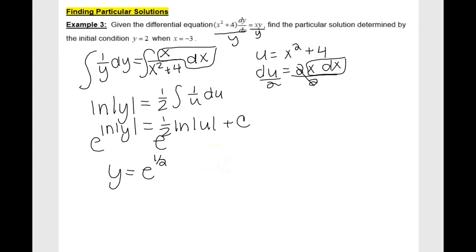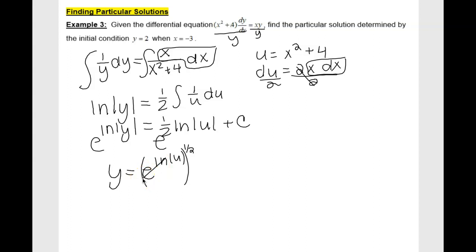It's like a power to a power. So that 1/2 doesn't affect that ln of u. They're still going to cancel each other, because that's really like a power to a power when you have two things multiplied as an exponent.